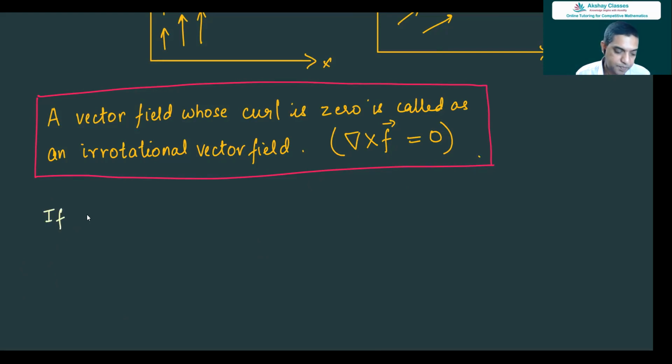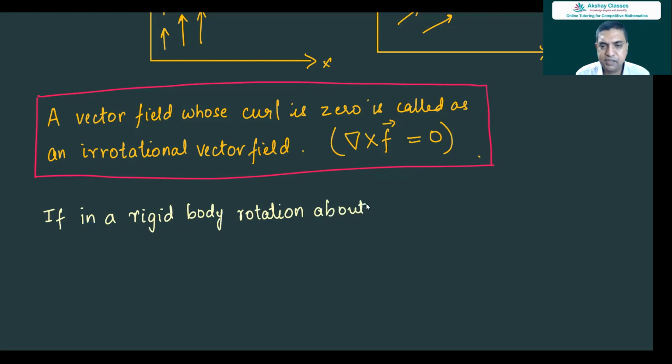Now, if in a rigid body rotation about a fixed axis O, the axis is passing through, the axis has to be a straight line, the axis passes through the origin.